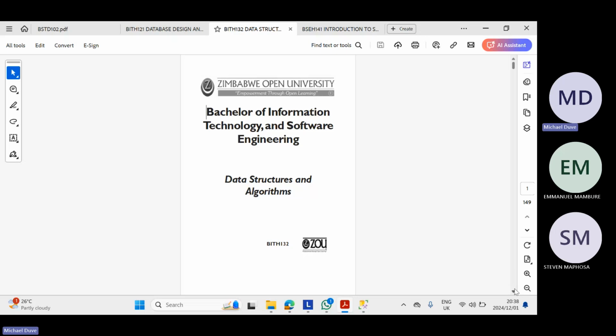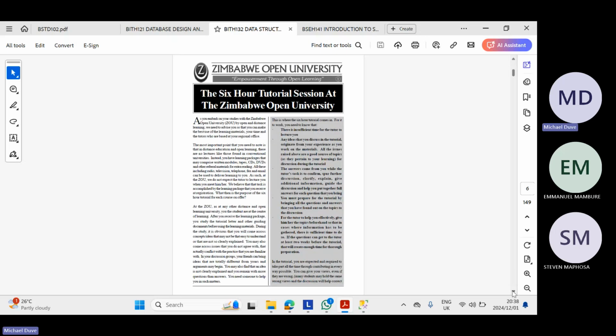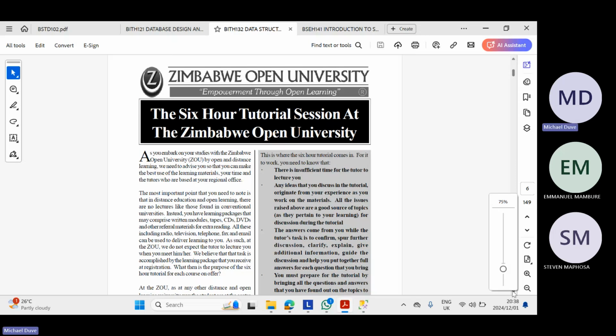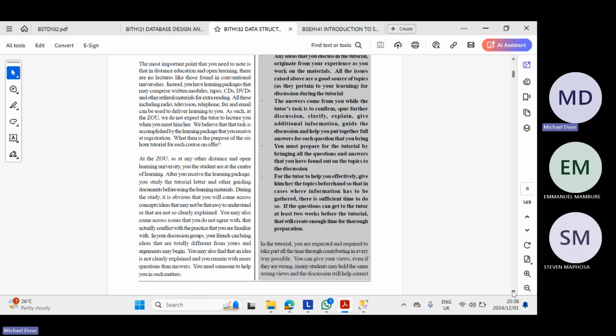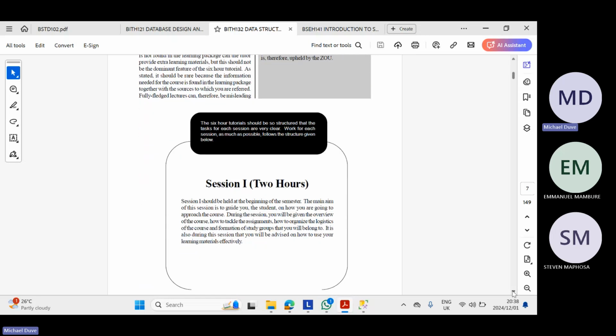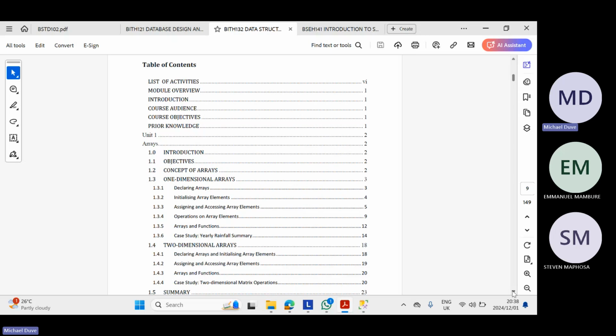But in data structures and algorithms, we are looking into arrays. An array is just a collection of elements of the same data type stored in contiguous memory locations. Then you talk of linked lists, a dynamic collection of elements where each element points to the next element.